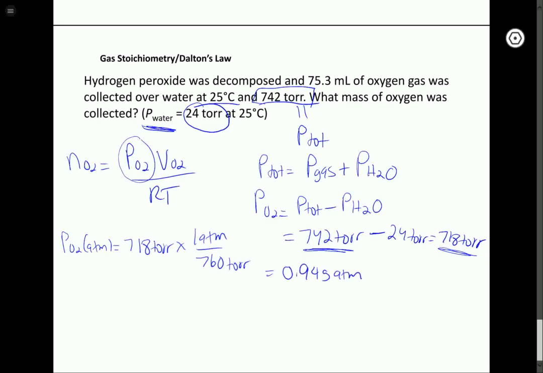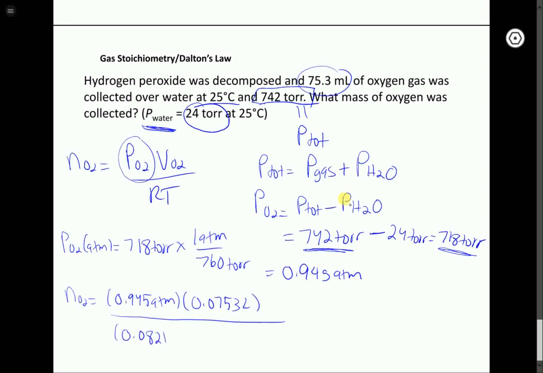So then we'll put that into PV equals nRT. We have 0.945 atmospheres. Our volume is 75.3 milliliters, which is 0.0753 liters. We have to put in liters because we're using the ideal gas constant of 0.0821 liter atmospheres per kelvin mole.